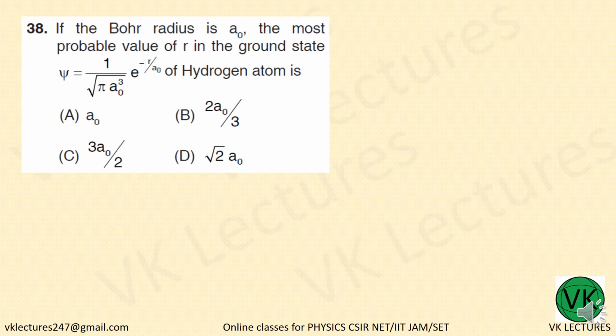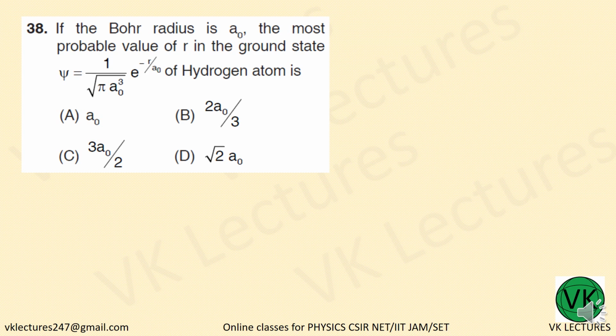If the Bohr radius is a0, the most probable value of r in the ground state psi equal to 1 by root of pi a0 cube into e to the power minus r divided by a0 of a hydrogen atom.